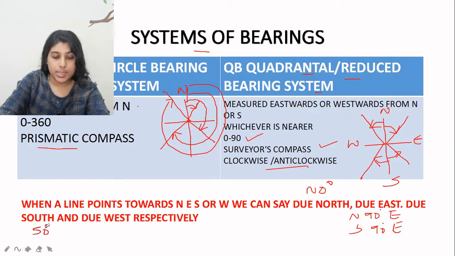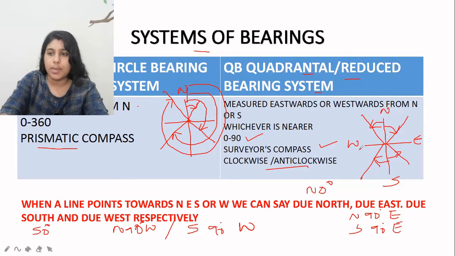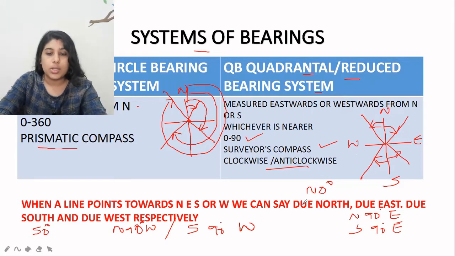If it is due west, the same way we can write north 90 degree west or south 90 degree west. Understand by this only. Due west means north 90 degree west and also south 90 degree west. That means from north also 90 degree, from south also 90. Same way is applicable to east also. So this is very important really.